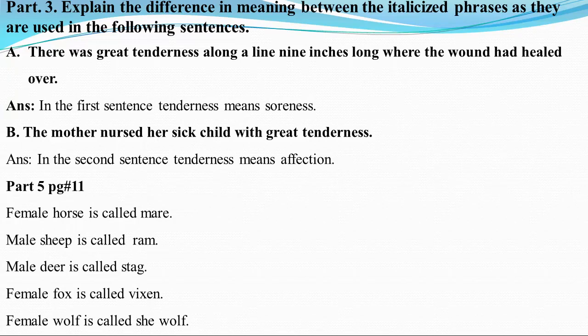It is called a ram. C, what is a male deer called? It is called a stag. And what is a female fox called? It is called a vixen. E part is, what is a female wolf called? A female wolf is called a she wolf.